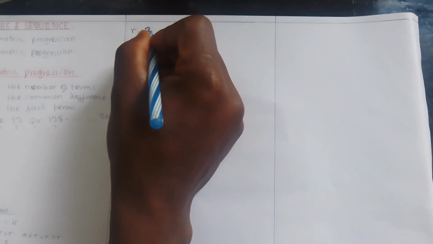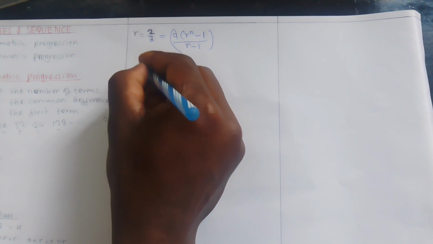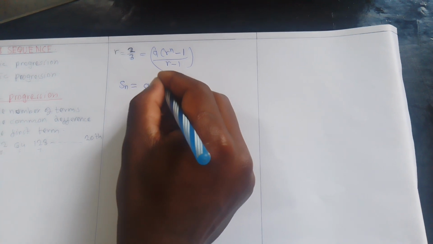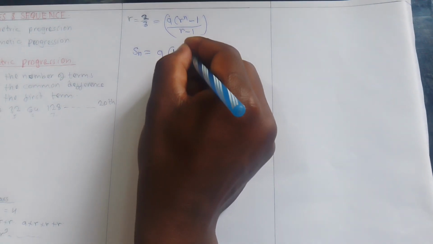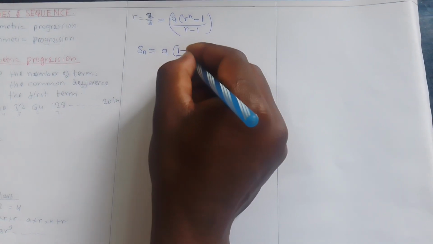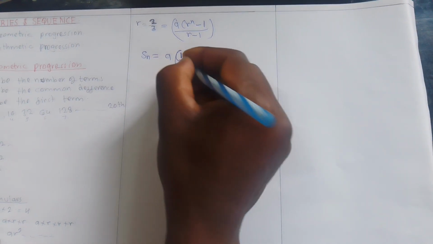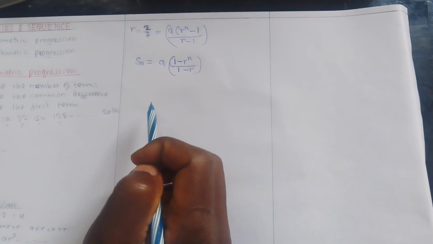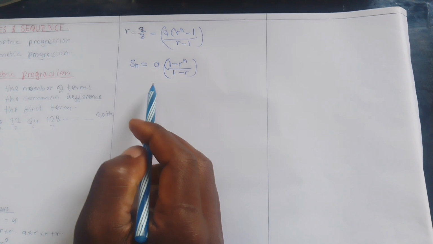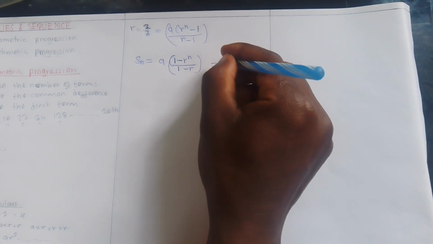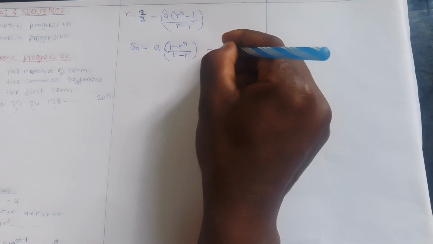The other formula you should use where r is equal to 2/3 is sum of n is equal to a into bracket, now you start with 1 minus r raised to power n, all divided by 1 minus r. Use this formula when dealing with the sum of geometric progression where common ratio r is less than 1.